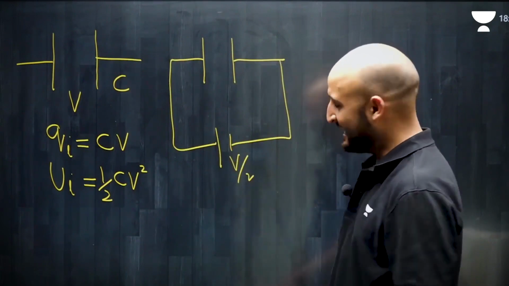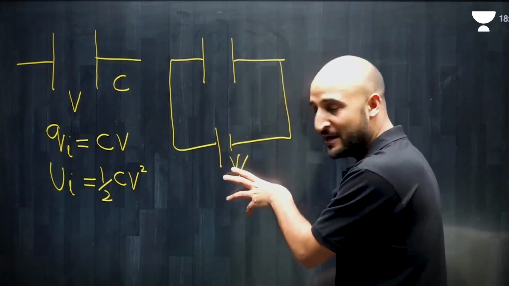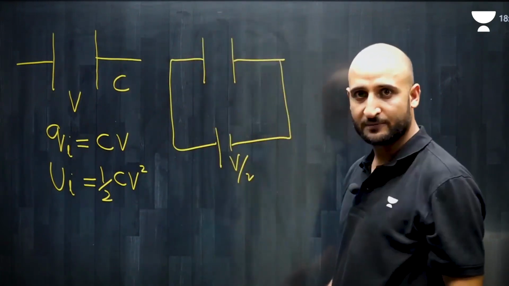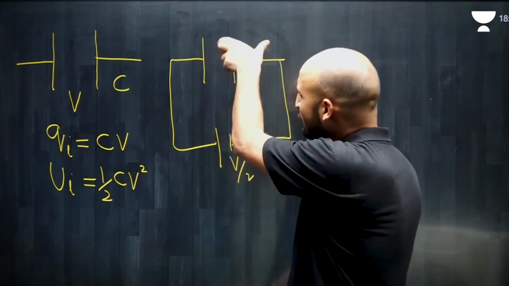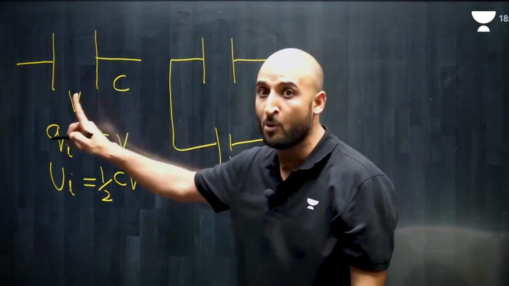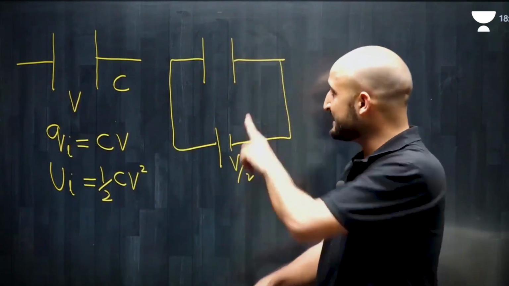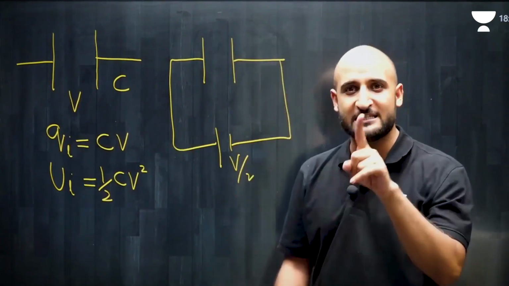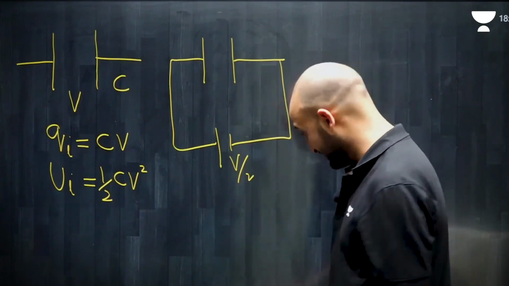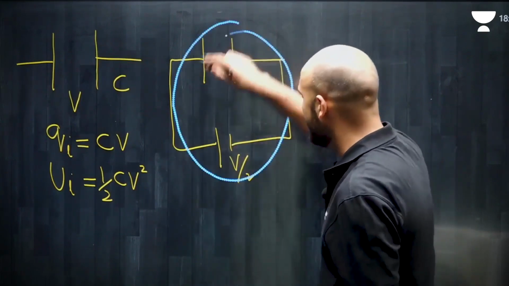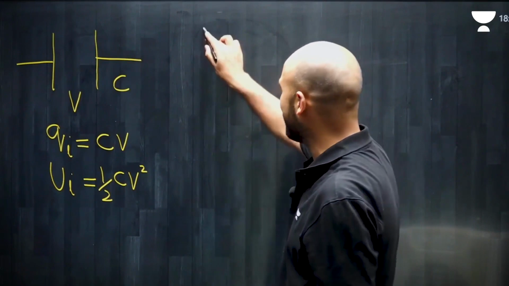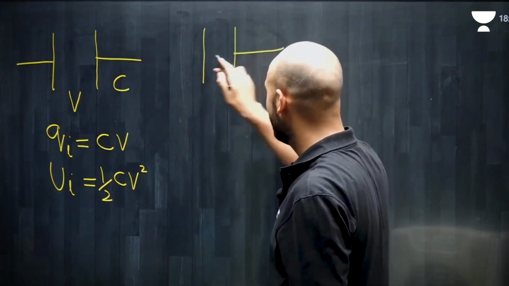Now the same potential difference V by 2 will go to the capacitor. Now the potential difference across the plates of the capacitor will be no more V, but it will be V by 2, because potential difference across the plates of the capacitor is decided by the battery. So that means if I cut it here, I have another capacitor here like this. Right?